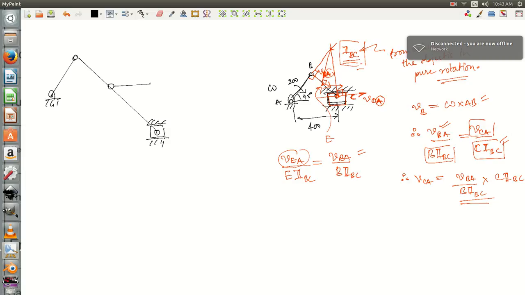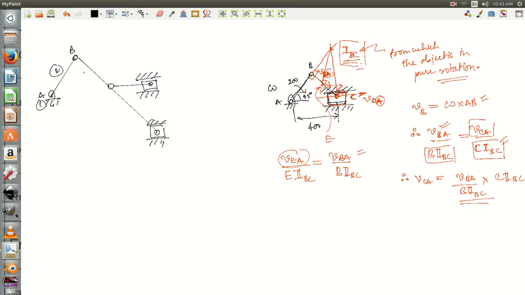So here this is your link 1, this is point A, this is B, this is your link 2. This entire BC is your link 3. This is point D, and this is point E, which is your link 4. This is your 5 and 6. The slider 1 is 5 and slider 2 is link 6.